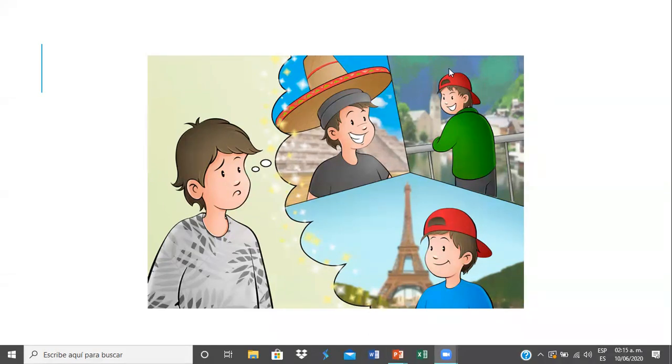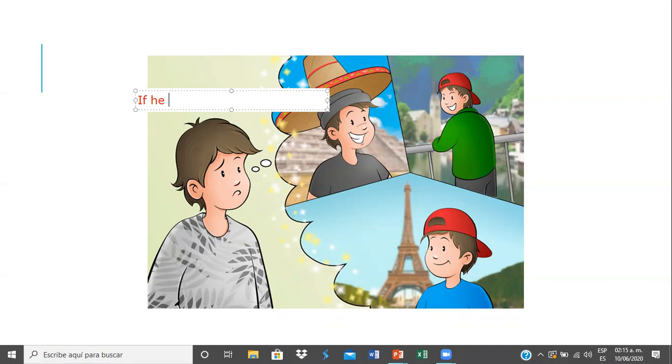Okay, for this type of situation, where you see yourself thinking about something that you know is very impossible to happen, we can use the second conditional, like in this example. If he, remember, the if part uses simple past. If he, which verb can you think of?